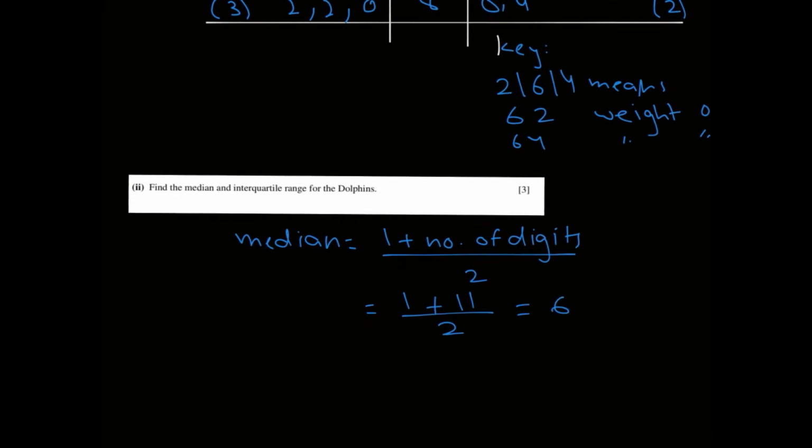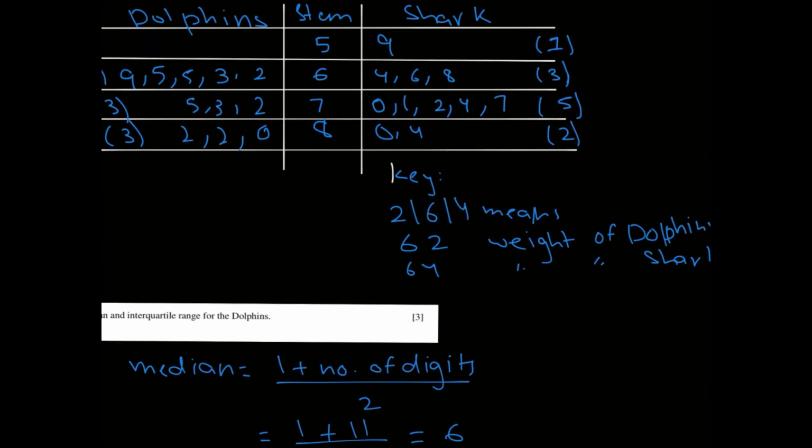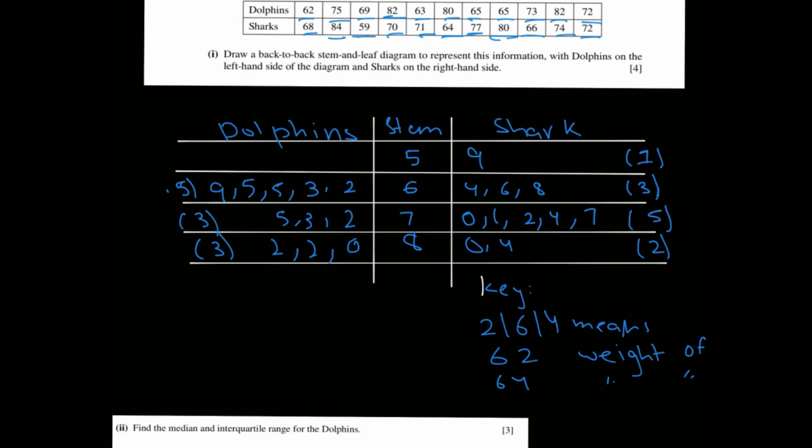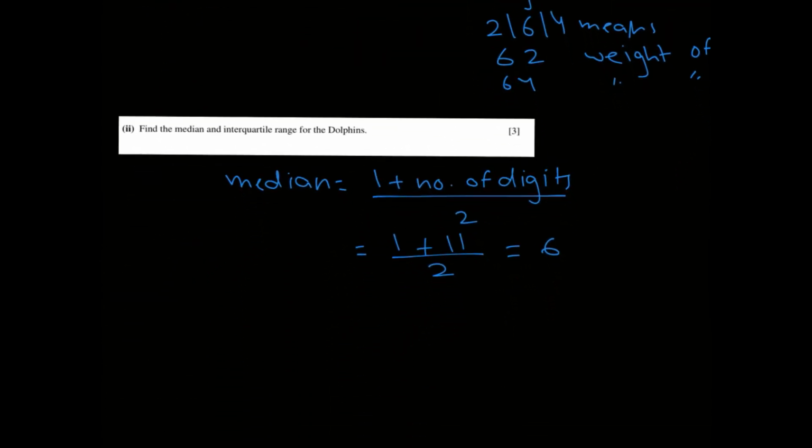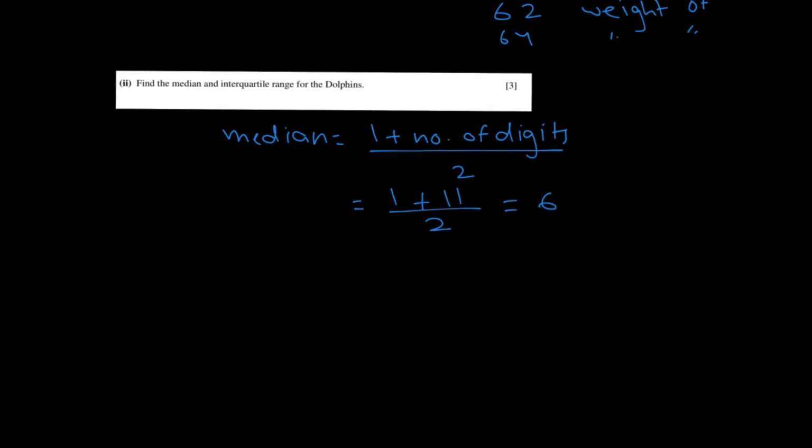So we find the 6th value in the dolphin set. There are 5 values over here, so the next value, 72, will be our median. Since 2 | 7 means 72 for dolphins, our median will be 72 kgs.